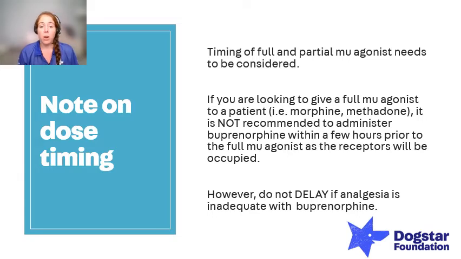Now, methadone and morphine aren't available in every country, but if it is available where you're working and you have an animal that presents where you think you will want to use the beneficial effects of a full mu agonist, for example an animal with a fracture, and you think, okay, in the next hour or 2 this animal is going to be given a full mu agonist like methadone or morphine for strong, efficient pain relief, do not give that patient buprenorphine, as the buprenorphine will be occupying many of the receptors that in 1 to 2 hours you might want your full mu agonist to be occupying.